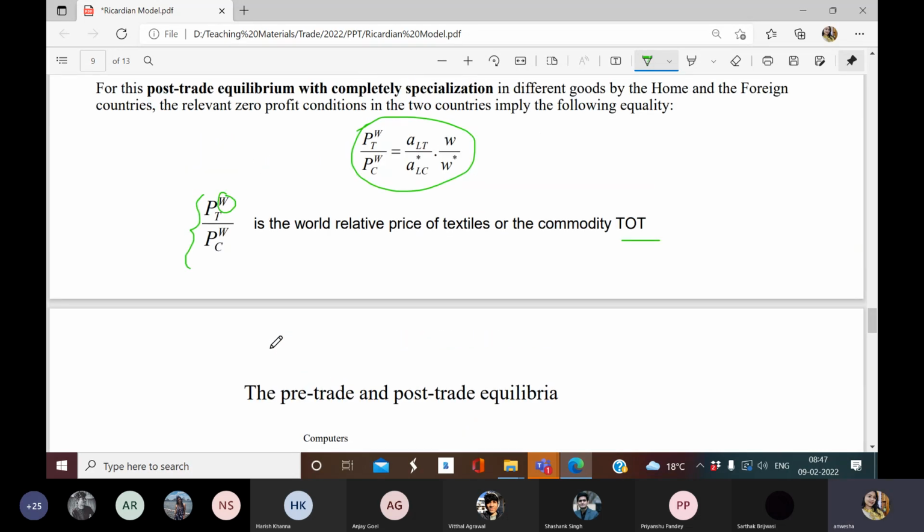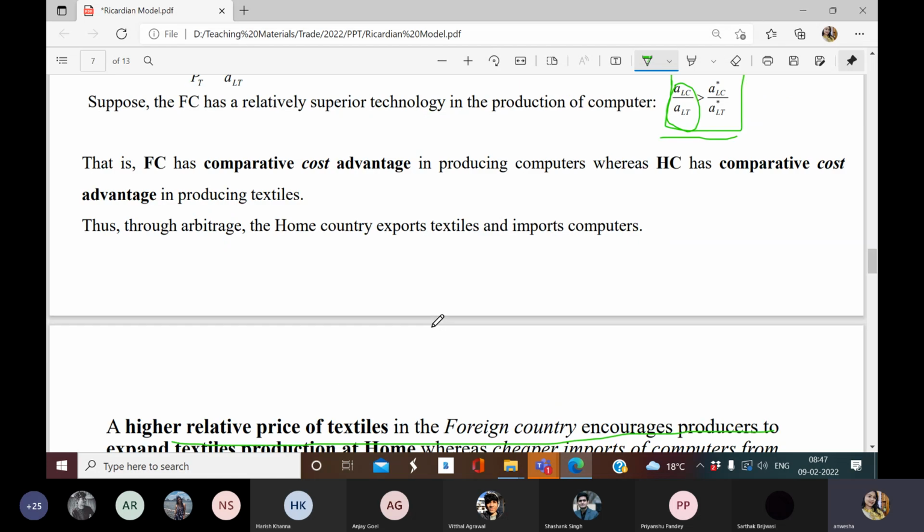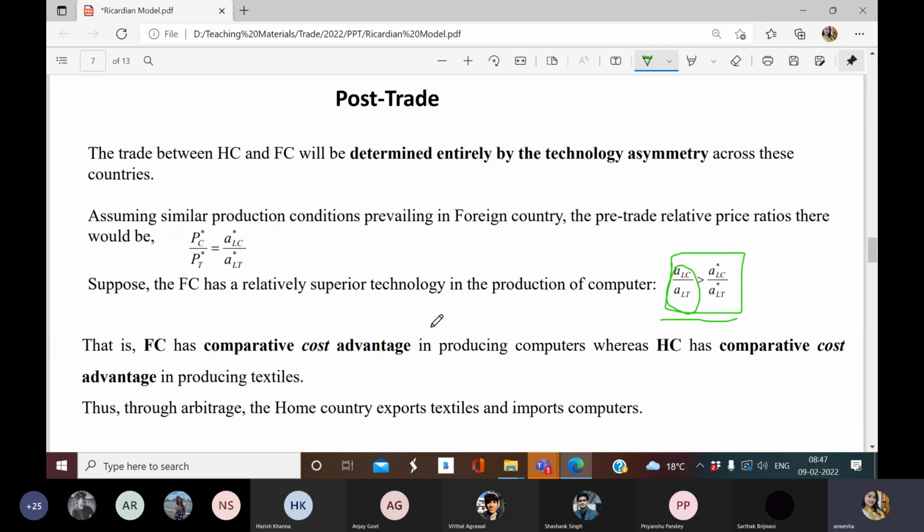Now suppose we are plotting computer on the vertical axis and textile on the horizontal axis. Can you tell which one will be steeper? If you plot L bar and L bar star, the relative shape of the PPF will depend on the assumption regarding technological superiority, that the foreign country has a comparative advantage in computer.